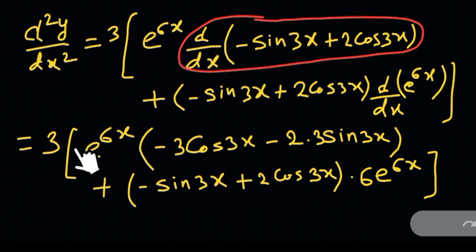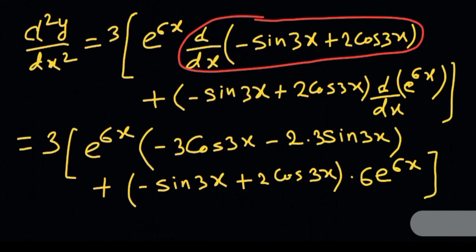Okay, so now if you simplify, you can do the simplification smartly also. This e to the power 6x and e to the power 6x is common. So what I will do is take that e to the power 6x common.